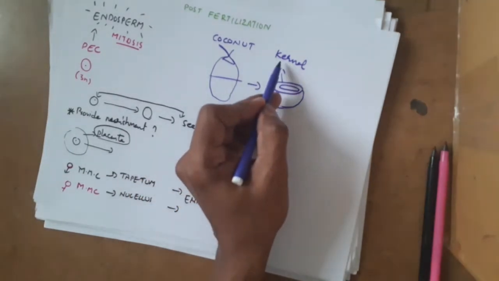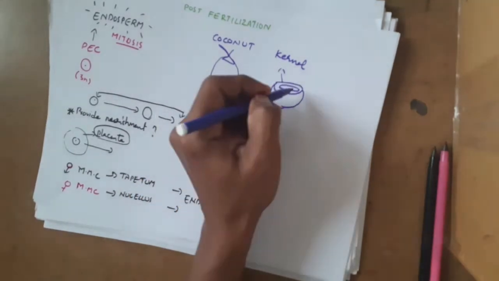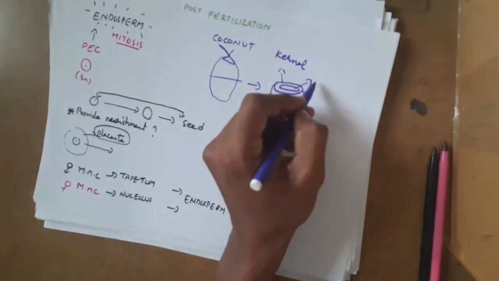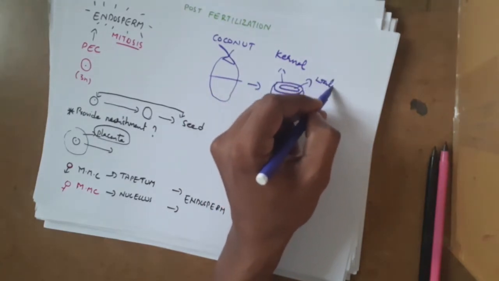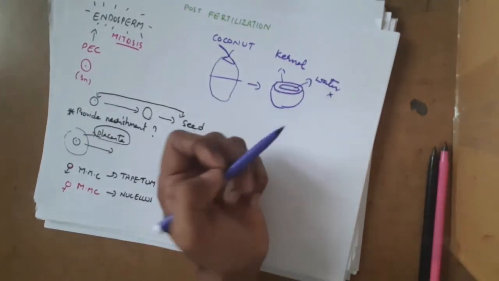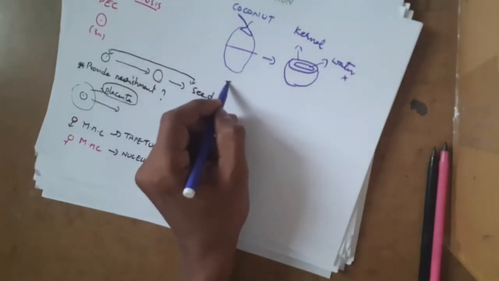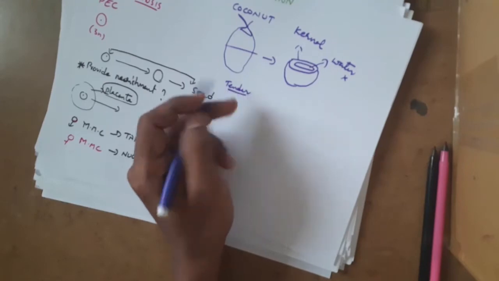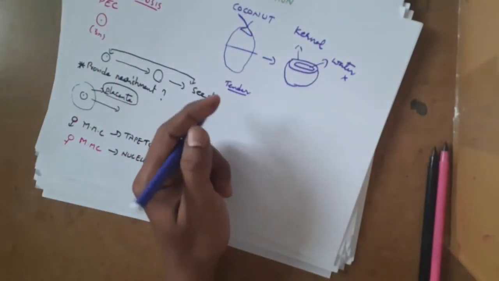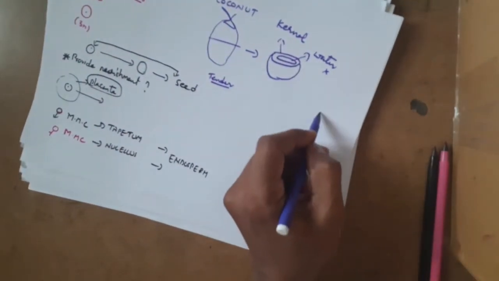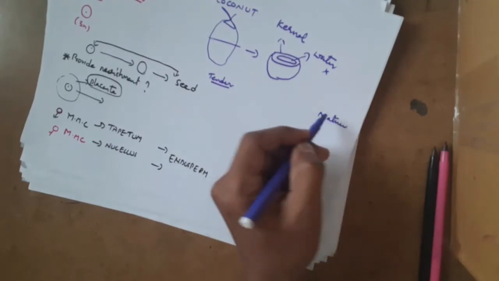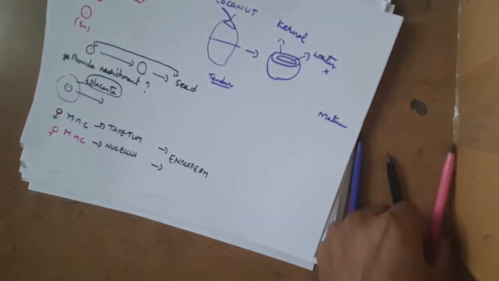So the kernel is the white tissue, and you can see the coconut milk or coconut water present. Actually, it is not actually the water part. If you take a very tender coconut, tender means freshly plucked, and compare it with the mature coconut, you can see there will be a lot of difference.